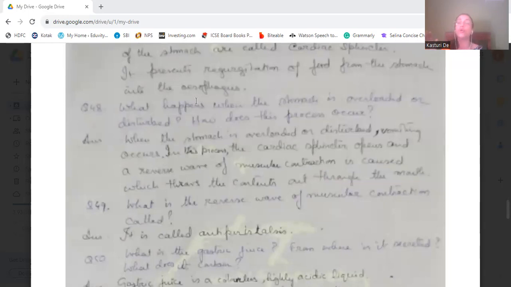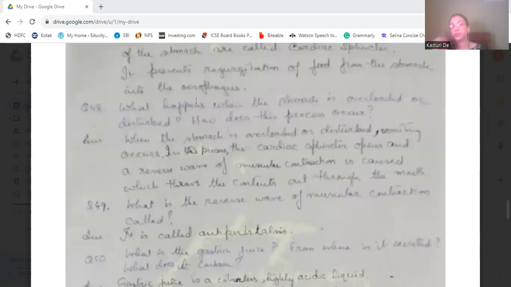When the stomach is overloaded or disturbed, vomiting occurs. In this process, the cardiac sphincter opens and a reverse wave of muscular contraction occurs. That is called antiperistalsis. Peristalsis is a wave of constriction moving downward, with food moving to the next part of the gut, but a reverse wave means antiperistalsis.